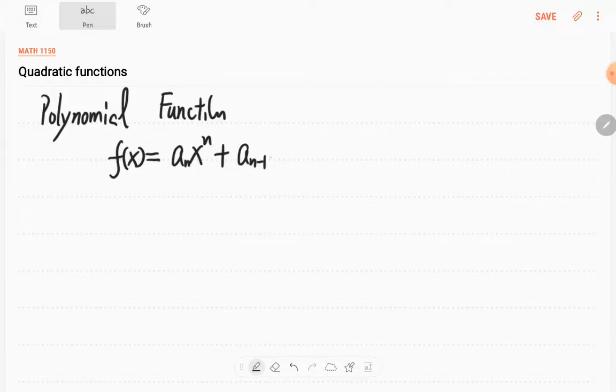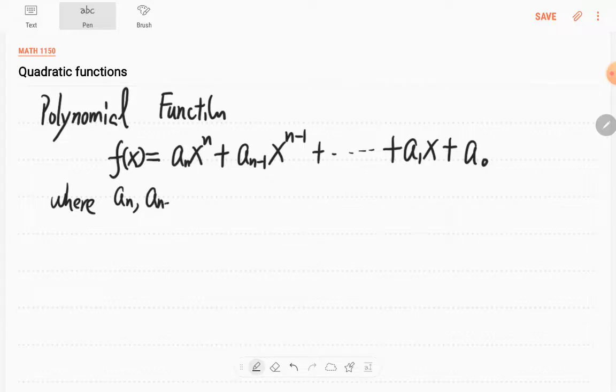times x to the n minus 1. Then continue to a_1 times x plus a_0. So this is called a polynomial. So here, a_n, a_(n-1), a_1, a_0, these are called coefficients.